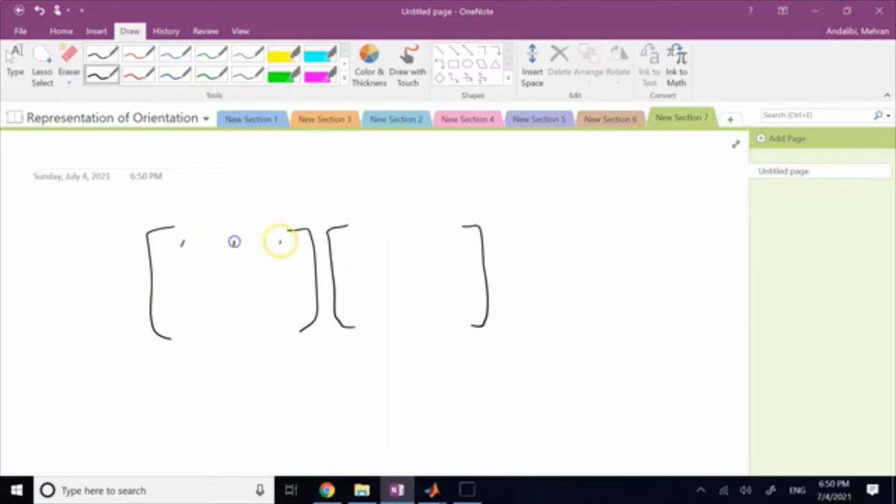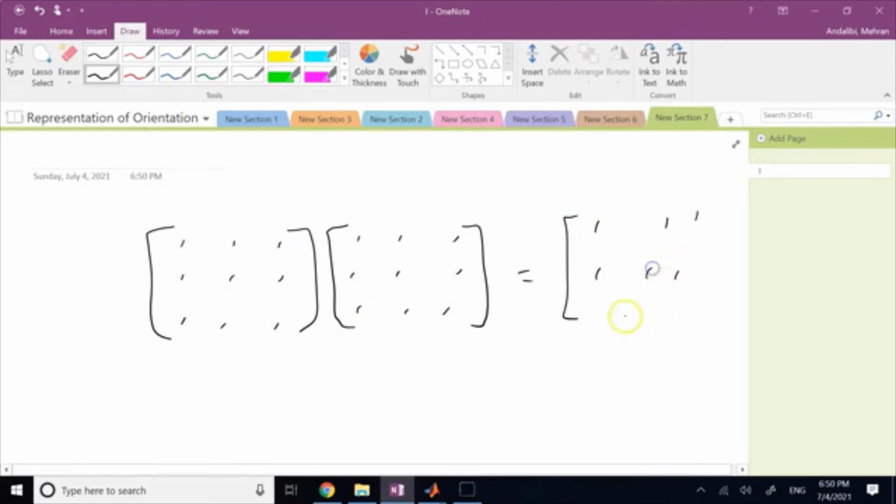So here I have 9 numbers, and here I have 9 numbers. And then here I get again 9 numbers. The question is, when I want to get this first one, how many operations am I doing?